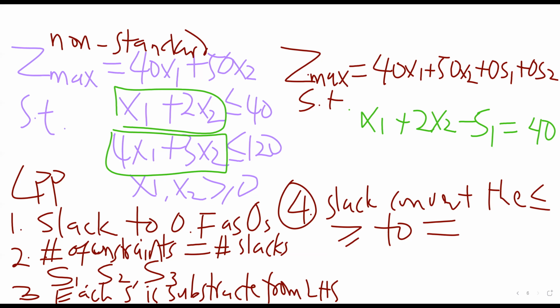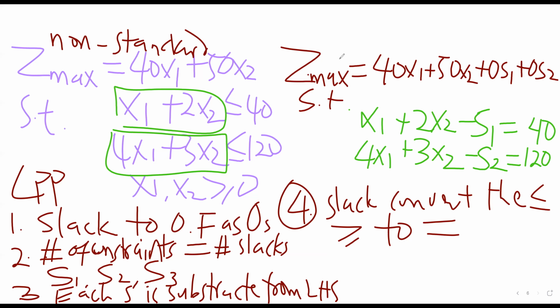Excellent, Linda. I like your answer: 4x1 plus 3x2 minus s2. That's the right answer. So for that second one, the standard form will be 4x1 plus 3x2 minus s2 equal to 120.